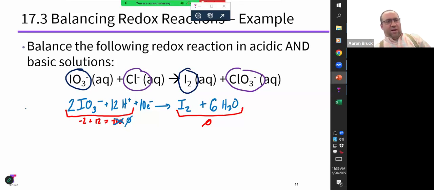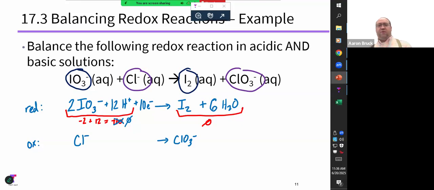So you assigned oxidation numbers, which is great. You didn't actually need to. So this is the reduction half reaction, which means that the other one has to be oxidation. And so I've got the chloride ion turning into chlorate.